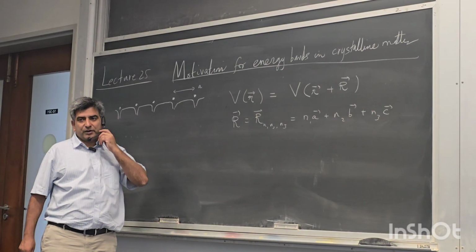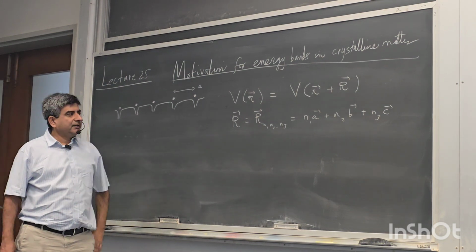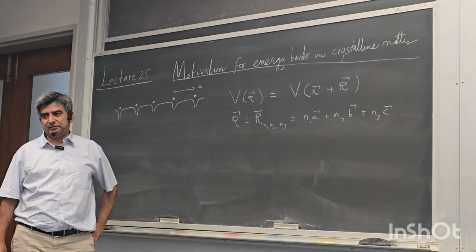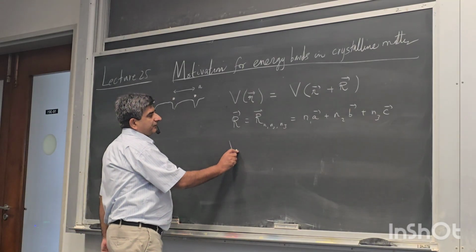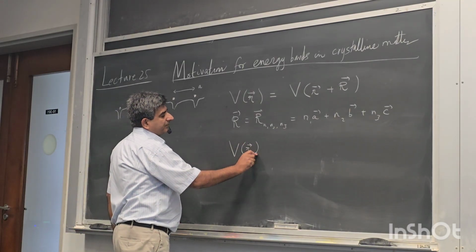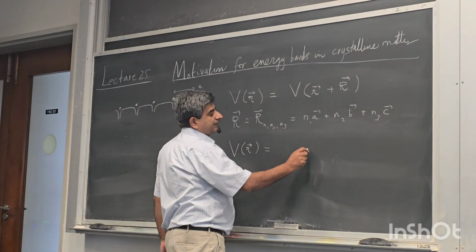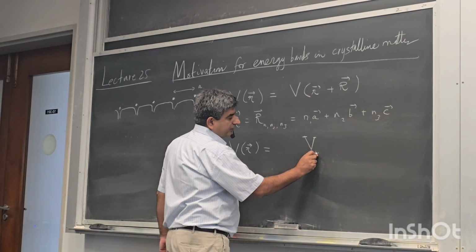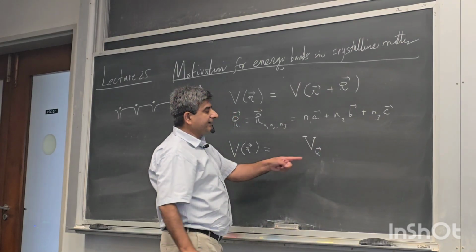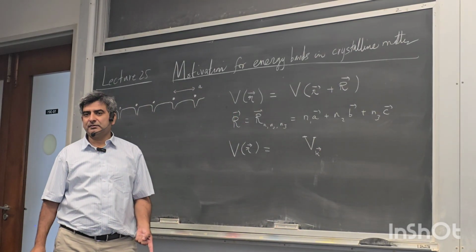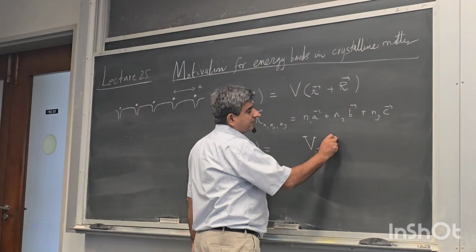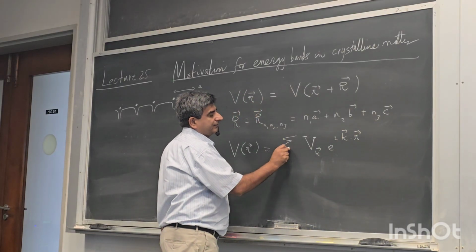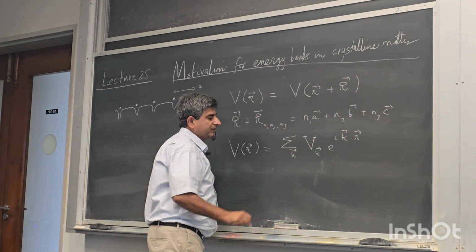Now, whenever you have a periodic potential of this kind, it's a periodic function, so it can be expressed as a Fourier series. So this function V(r) can be expressed as some Fourier coefficient. Let's call it V_k. Now k is a vector in the reciprocal space. e raised to the power i k dot r, and you take the sum over all k's inside the reciprocal space.